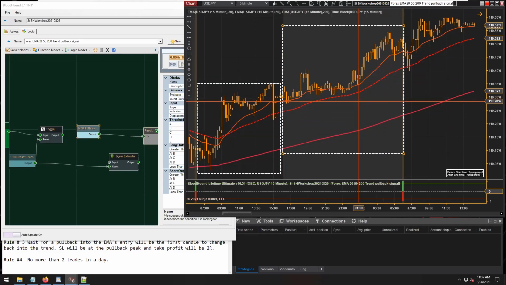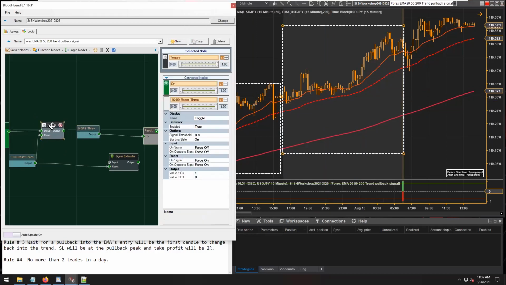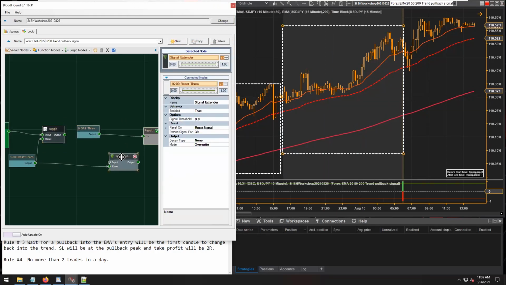And if there's no crossovers, then our toggle node will still be on, and that's when our signal extender should be looking to see if that toggle node is still on, and that is when we want to extend the toggle node.